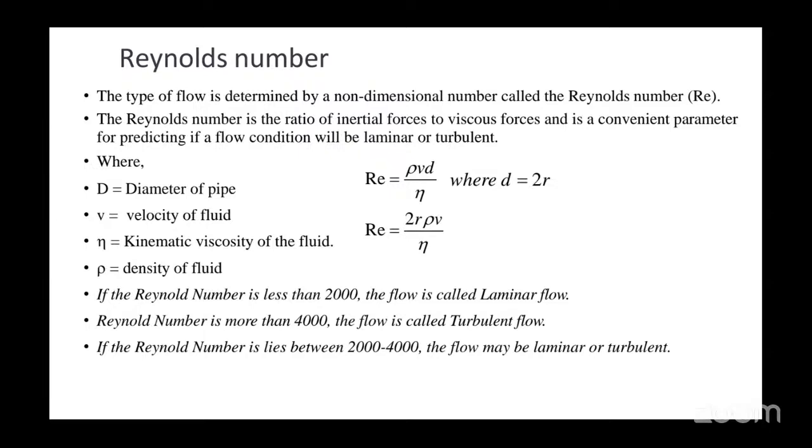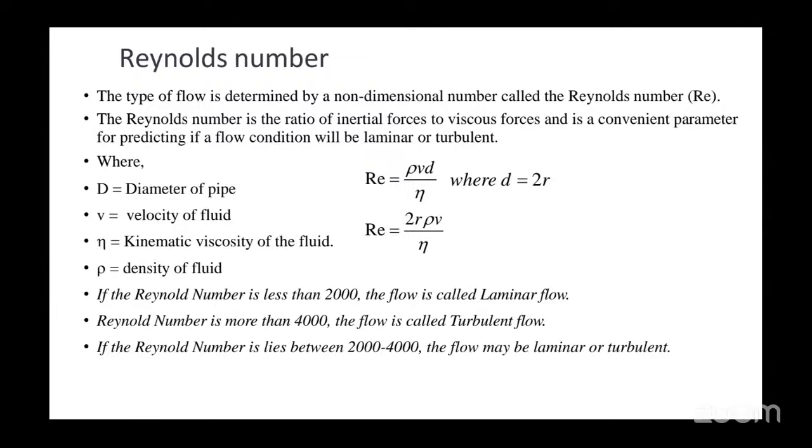So if the Reynolds number is less than 2,000, it means that such flow is a laminar flow. And if the Reynolds number is more than 4,000, the flow is turbulent flow.